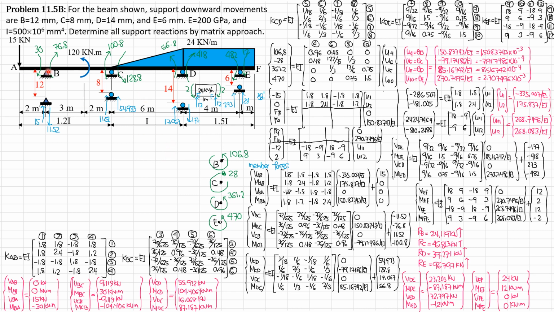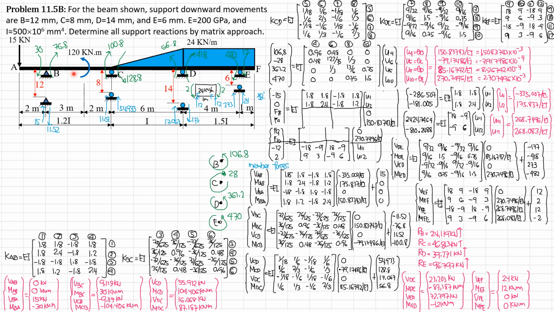So since we only analyze B, C, D, E, the rotational displacements, then the moment due to 15 kilonewton load, we do not consider this as fixed, because we only consider B, C, D, and E. So the moment resistance is 15 times 2, so we have 30 here.